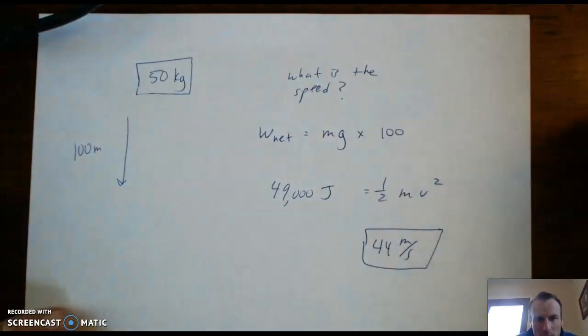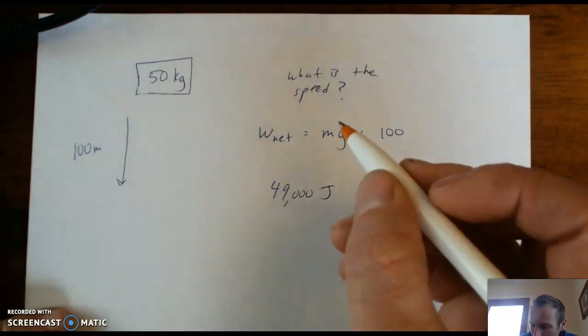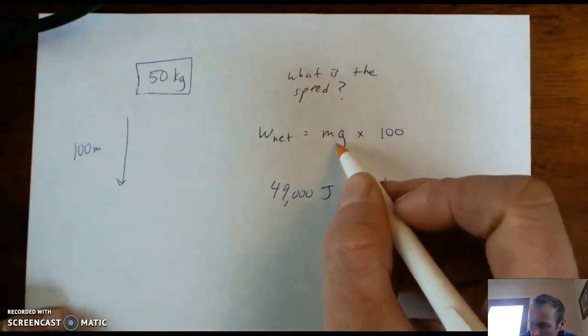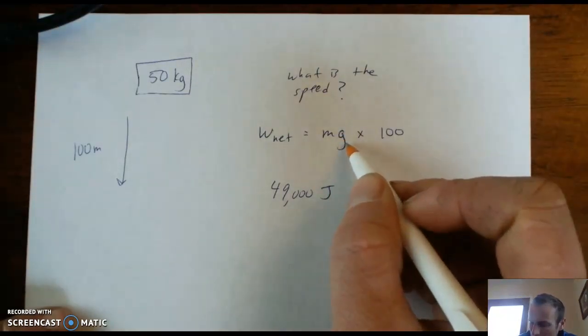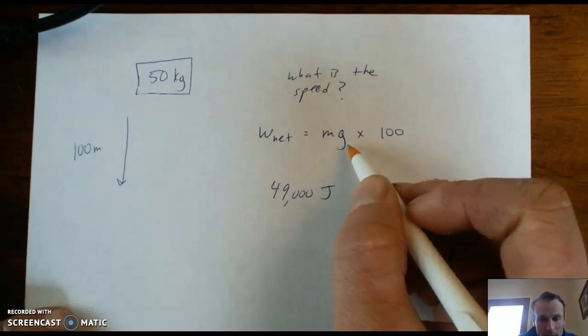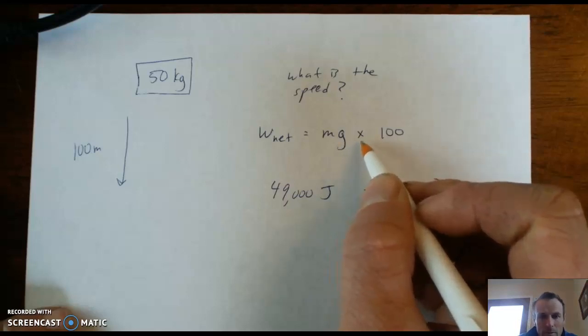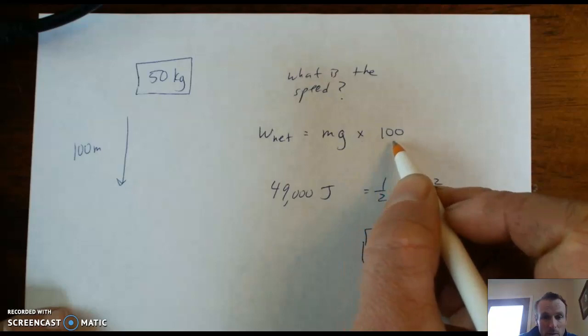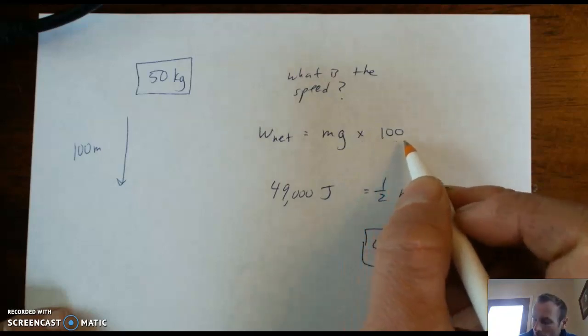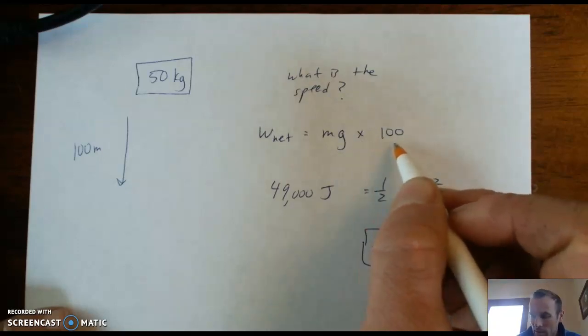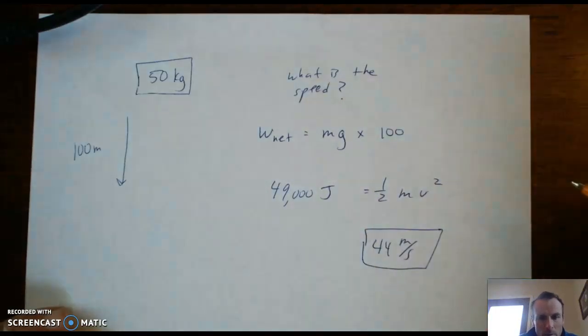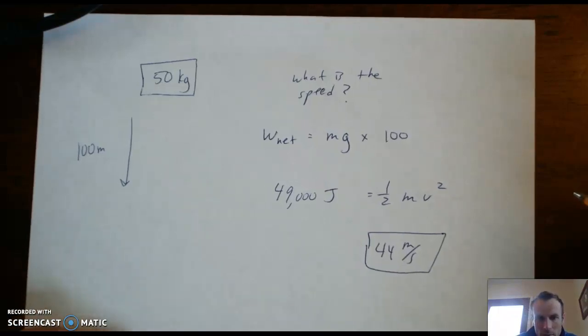We can use the idea of net work and say that the force of gravity is going to be the force, so mass times gravity, multiplied by the displacement, which is 100 meters down. And so the force is in the same direction as the displacement, so we don't have to worry about the cosine of the angle. And so the net work here to accelerate the box is going to be 49,000 joules.